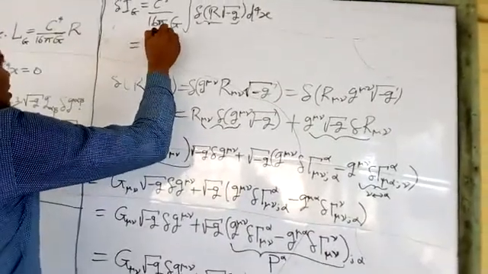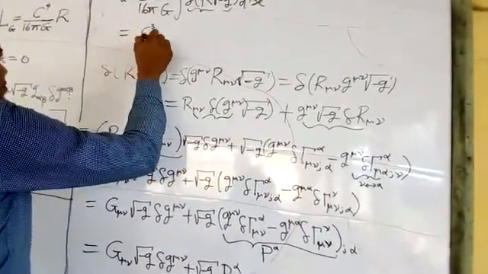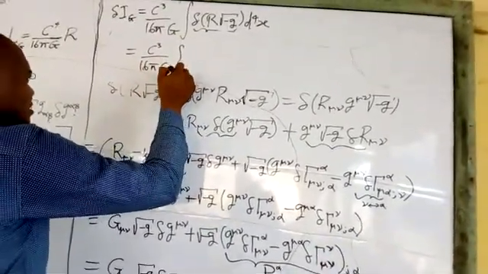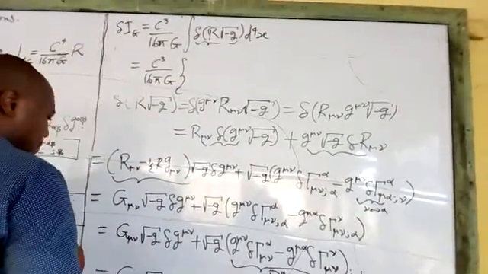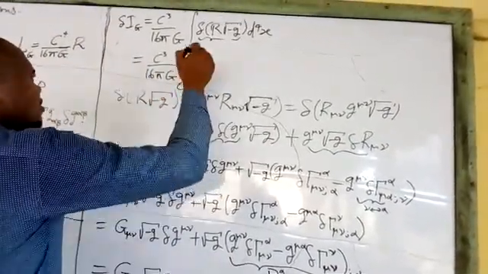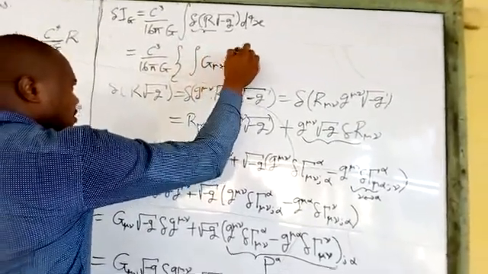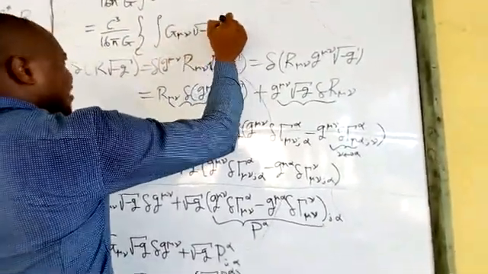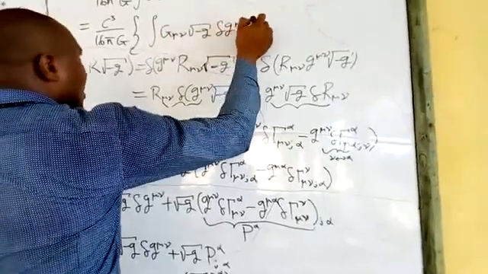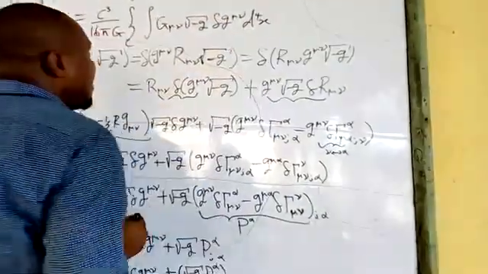So I will simply keep this out of the bracket, 16 pi G, and do something like this. I call it bracket. So it means I'm going to have instead the integral of G mu nu square root of minus g, here I have variation of g mu nu, d4x.